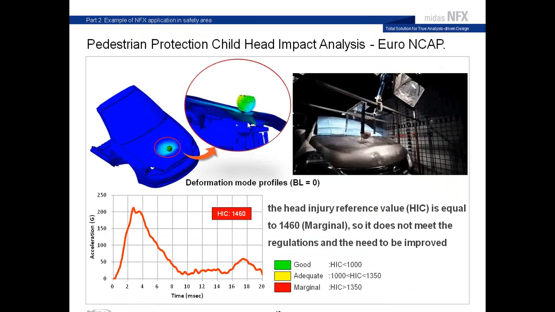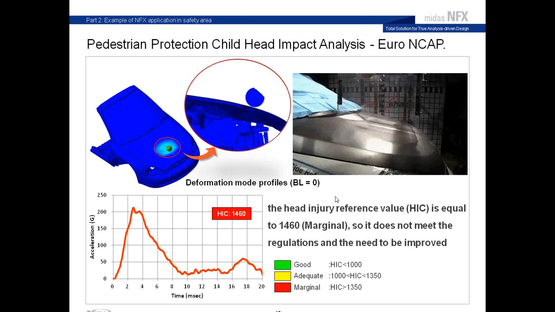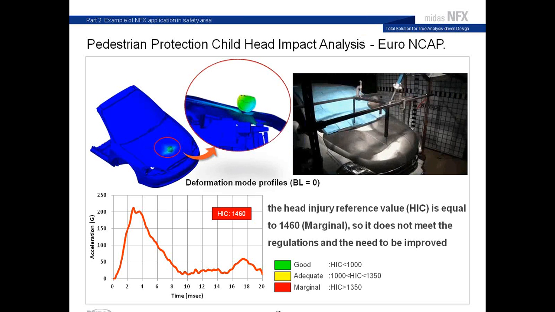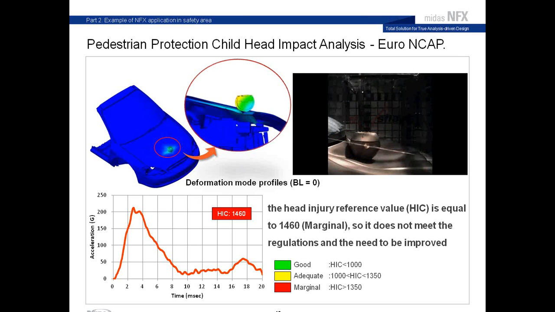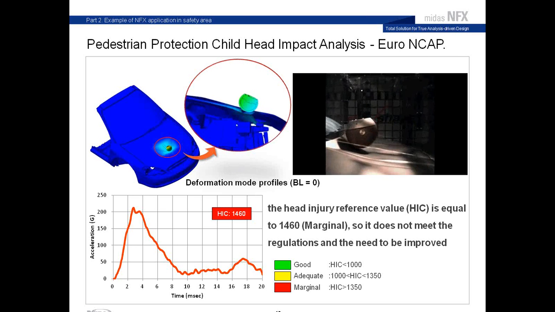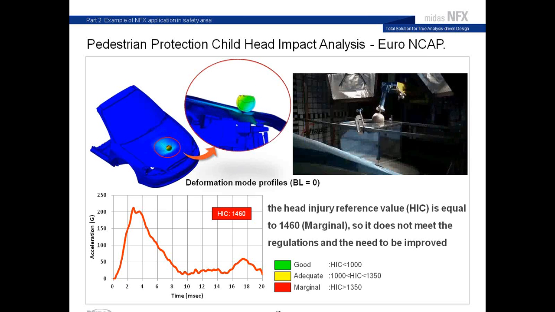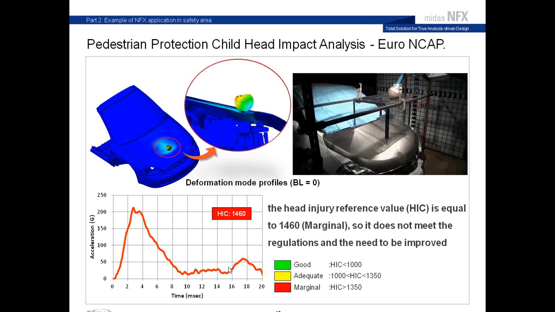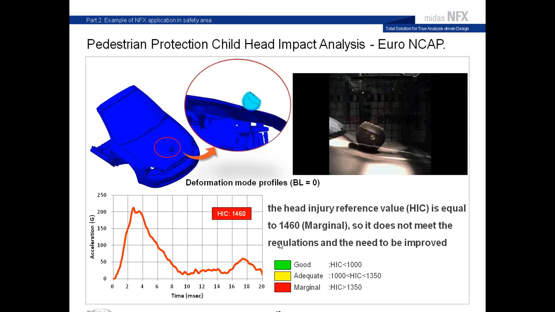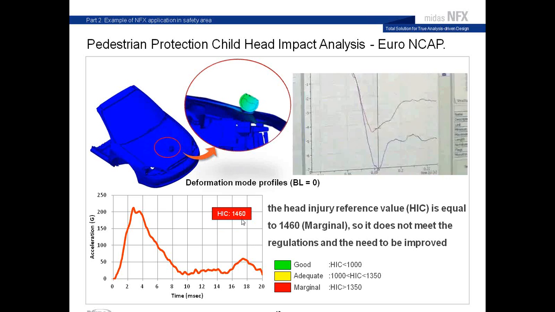And here you have again a video of the real test, which is actually performed to do that. You even have a slow motion to see what happened to this part. And same, we register the acceleration and then the HIC value. In this type of analysis it was also too big.